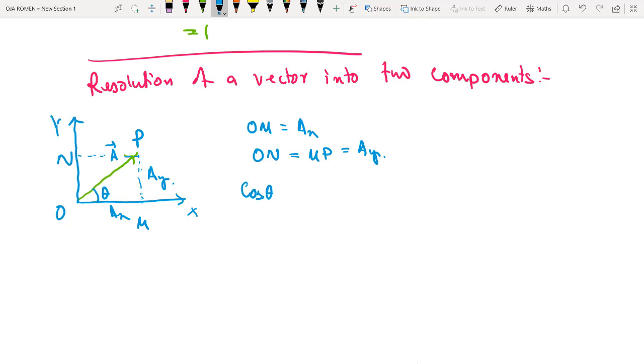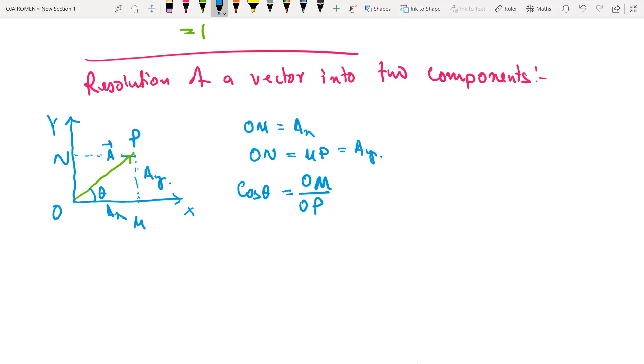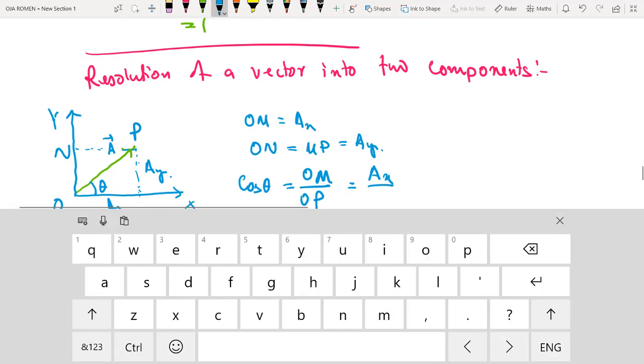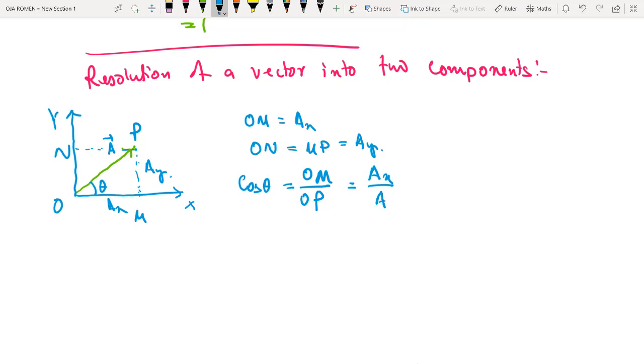Cos theta is base by hypotenuse. So base is OM. Base by hypotenuse is OP, equal to OM is AX divided by A, or AX equal to A cos theta.